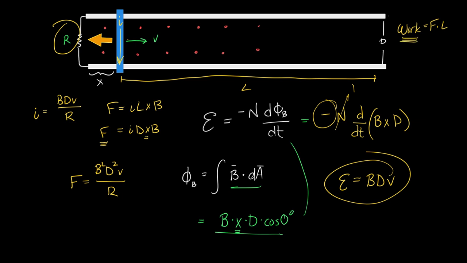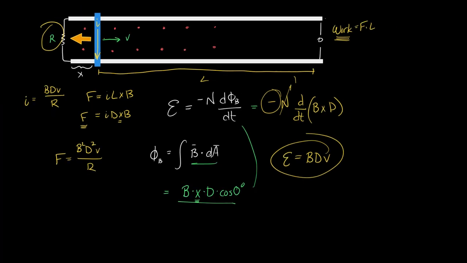That'd be how much energy I would require of myself to get the bar to move across the rails. In fact, we can write that down right now: the amount of energy I lose to pull that bar would be B squared D squared V times L all over R.